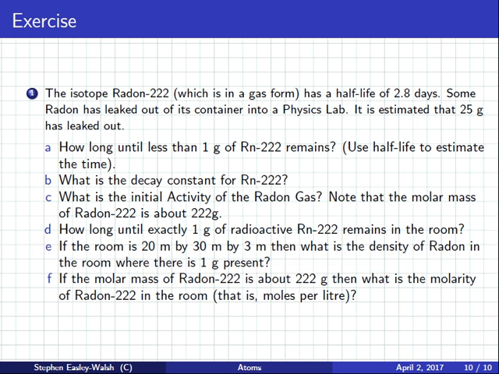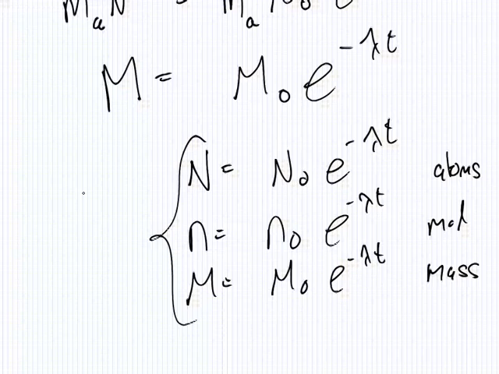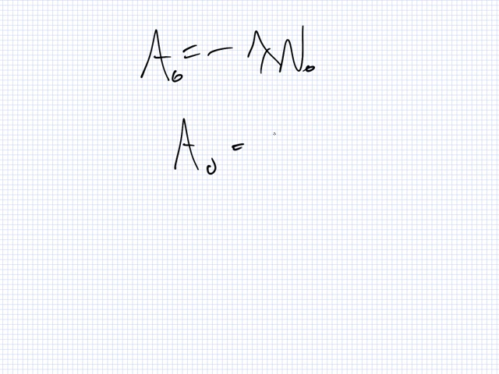Activity is log 2 over lambda. Correct? No. A equals minus lambda N. A 0 equals minus lambda N 0.